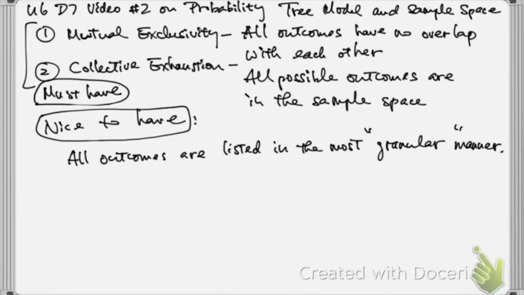What I mean is that you want to list every possible outcome in its own separate way, so that you're not lumping things together, and that would allow us to calculate probability much easier. Let's illustrate that with an example.